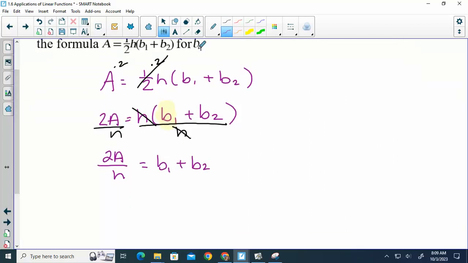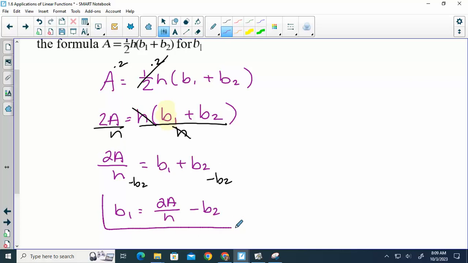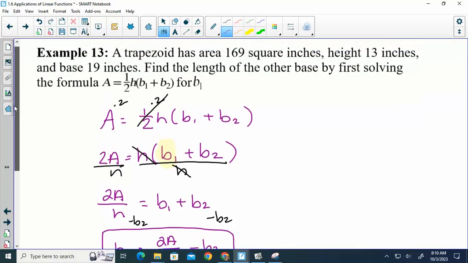Now we're trying to get b sub 1 by itself, so what should we do? So b sub 1 is 2a divided by h minus b sub 2. So everybody does that. Now we can use that formula with all the information we have.